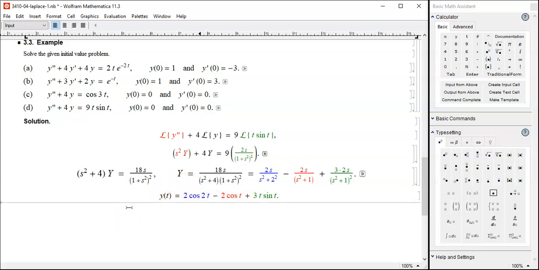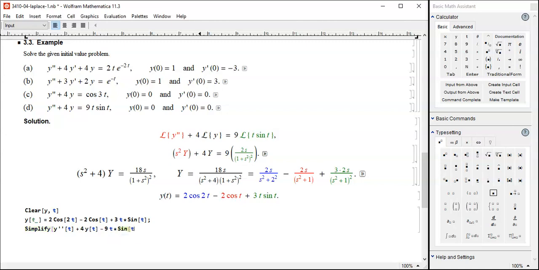Let's check. 2 cosine of 2t minus 2 cosine of t plus 3t sine of t. And then simplify y double prime of t plus 4y of t minus the right hand side, 9t times sine of t.